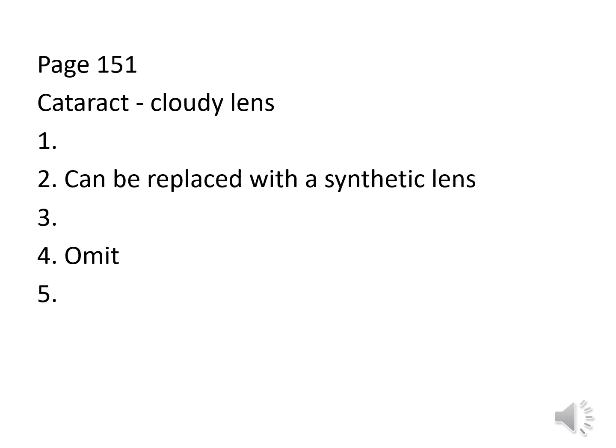You'd, in effect, go blind. So, yeah, you'd probably want to remove that cloudy lens. So, number 2, how could a person who had a cataract operation be able to focus an image on the retina?